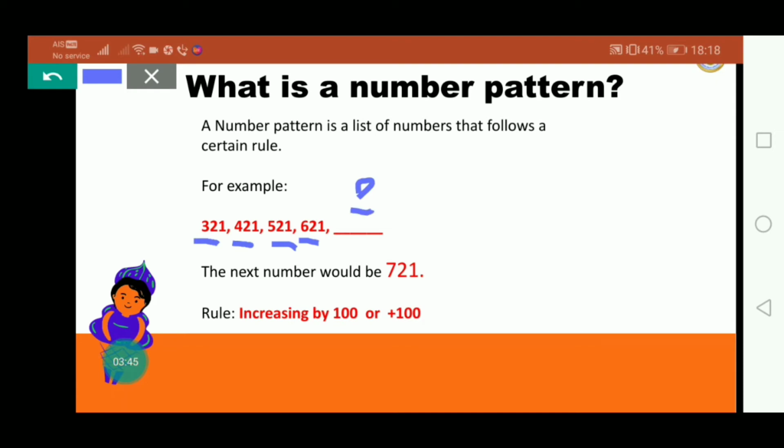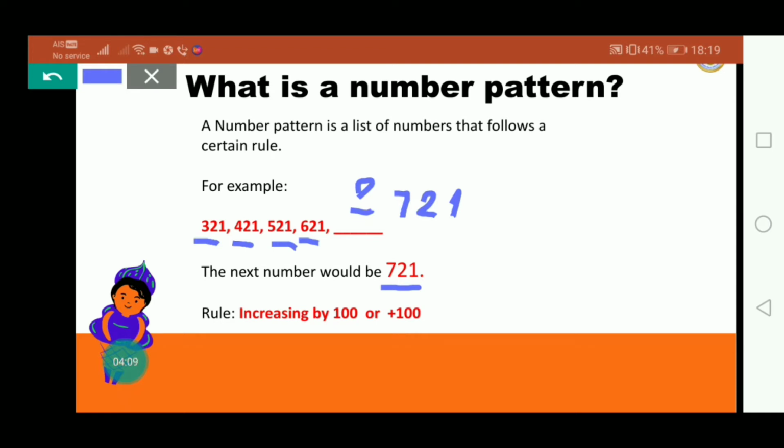What will be our next number? So the next number would be 721. Because the rule there is increasing by 100, or we did addition.